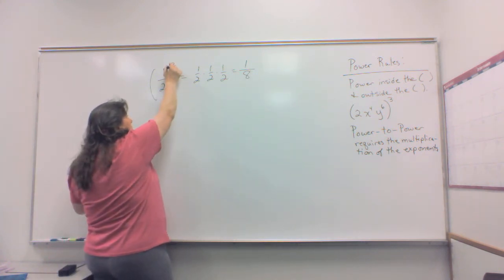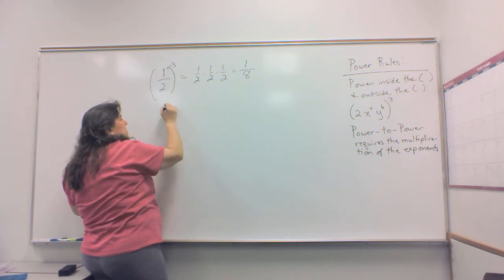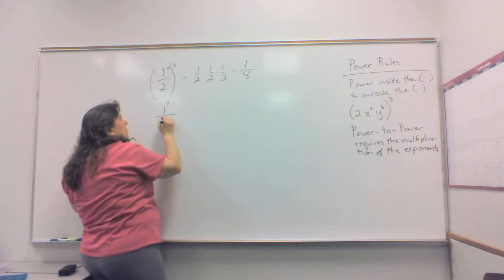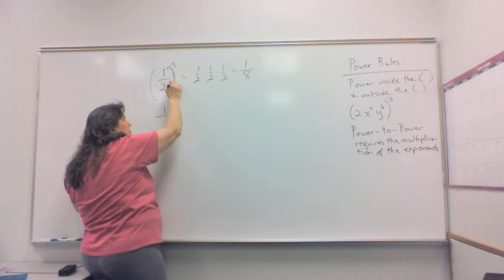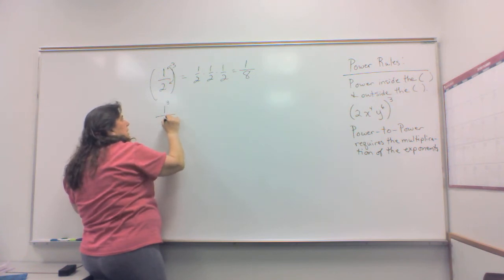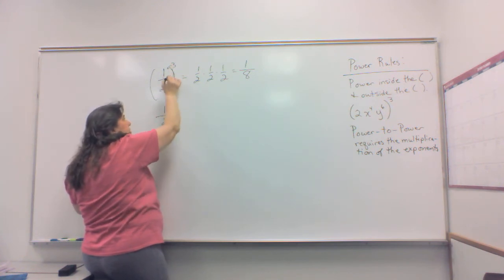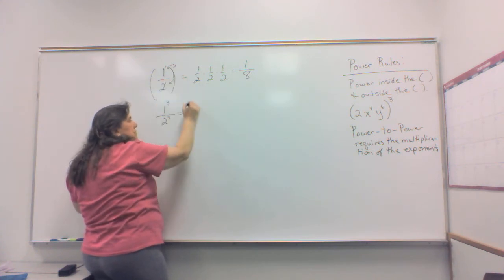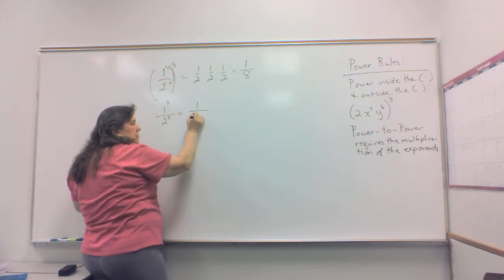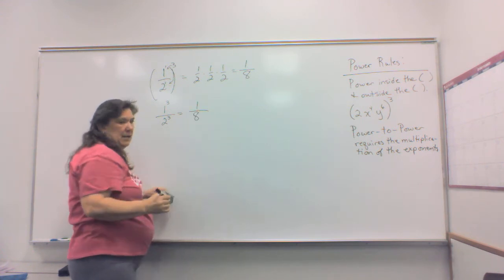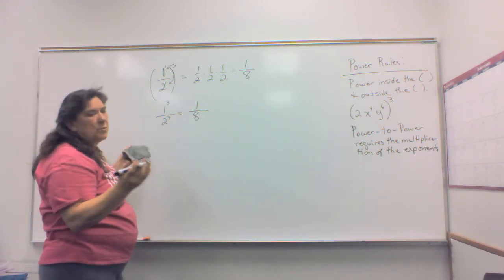Applying the power to power, this becomes 1 to the 3rd power over 2 to the 3rd power, because the first 1 times 3 is 3, and 1 times 3 is 3. Well, 1 to the 3rd power is 1, and 2 times 2 times 2 is 8. So there's 1/8 as a fraction.